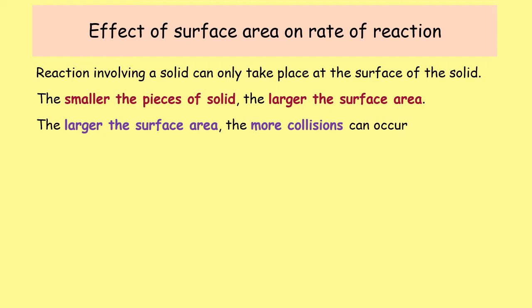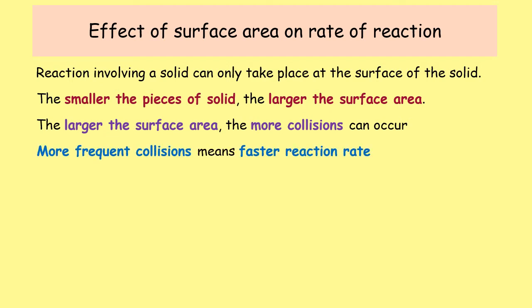And if you've got more places for the reaction to happen, there will be more collisions happening. Now remember, in order to have a chemical reaction, we need collisions to be frequent and we need collisions to have the right energy. If we've increased the surface area and we have achieved more collisions, what that means is that we will have more frequent collisions and a faster rate.